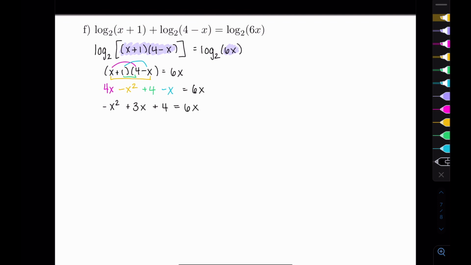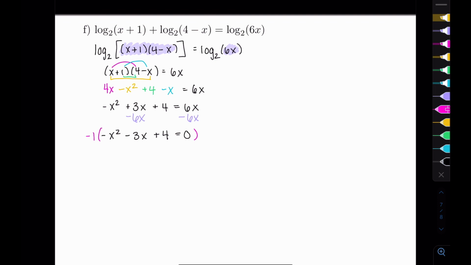So we're super close. I still have to get 0 on one side, so I'm going to subtract the 6x over, and that gives us negative x squared minus 3x plus 4 equals 0. At this point, you're more than welcome to factor. Me personally, I hate having a negative number on that x squared term.